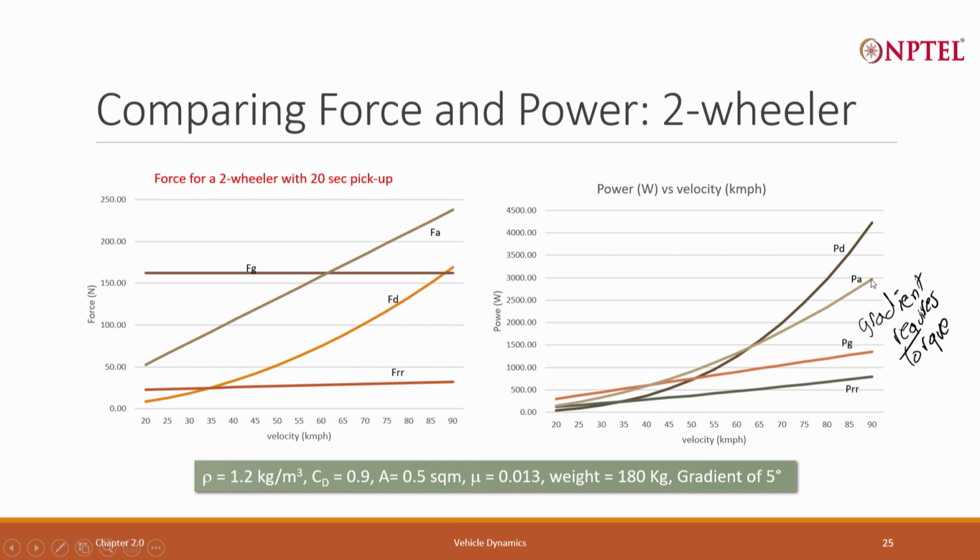I will require acceleration of approximately 3 kilowatt, and I will still require rolling resistance of approximately a kilowatt. So, I suddenly require about 8-9 kilowatt at 90 kilometer per hour, even with only a little bit of acceleration.